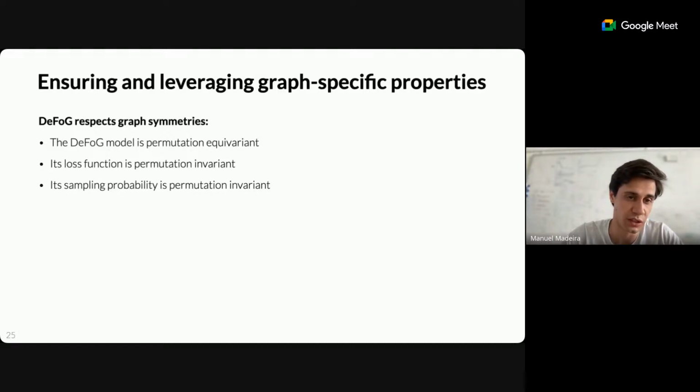We also demonstrate that the loss function is permutation-invariant, which is a result of just tracking node per node and edge per edge. Basically, we apply cross-entropy node-wise and edge-wise. As a result of these two premises, the sampling probability of a given graph is also permutation-invariant.